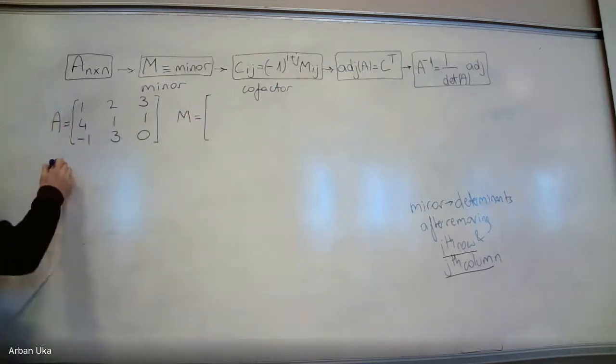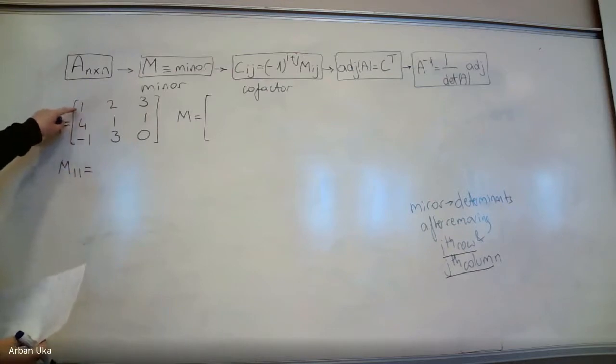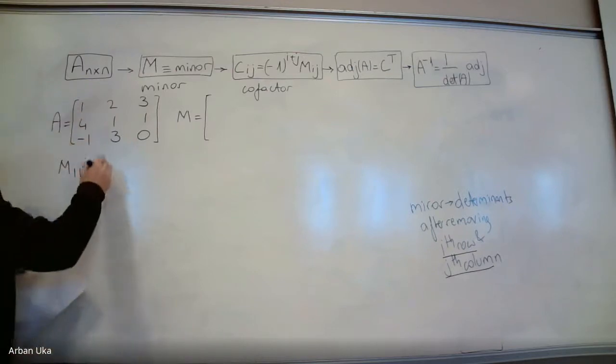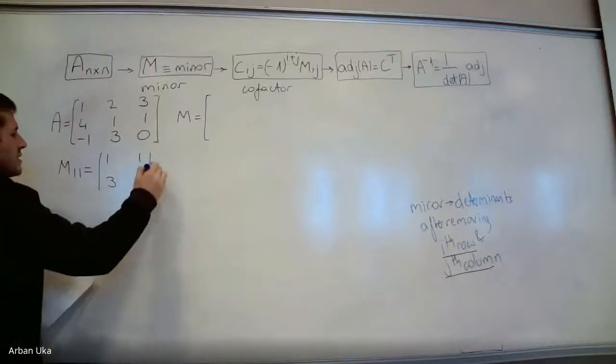Let's see, M11 is equal to the determinant of the matrix which remains after we remove the first row and the first column. So the determinant is 1, 1, 3, 0. What is this?